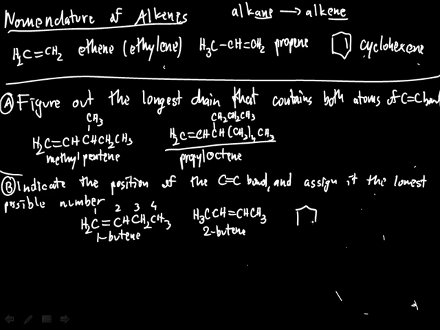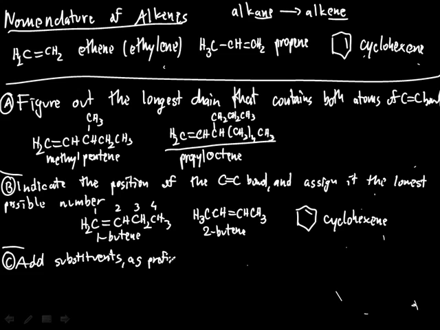And then molecules like this, again, cyclohexene. Ring systems don't have a beginning or an end, so that doesn't matter. The third step here is to add substituents. And we do that again as prefixes. This is fairly similar to the nomenclature of alkanes.